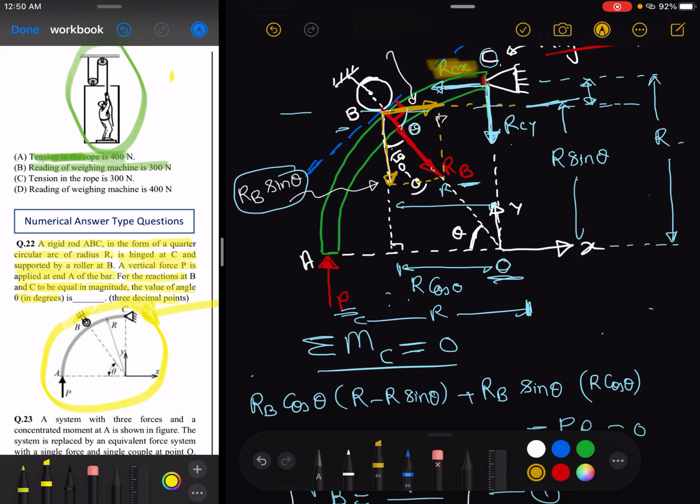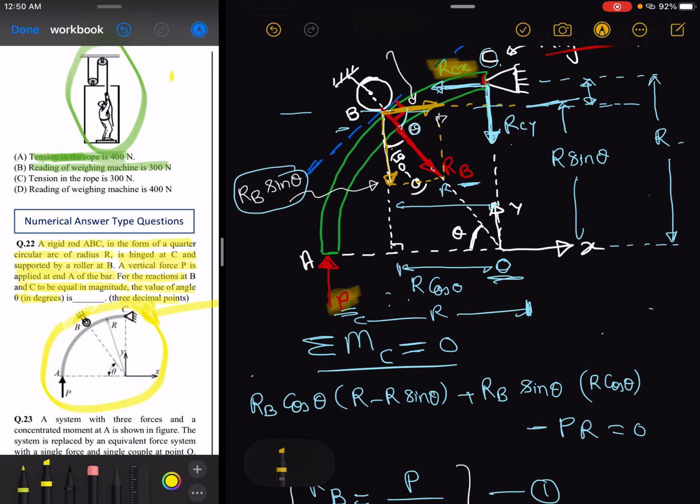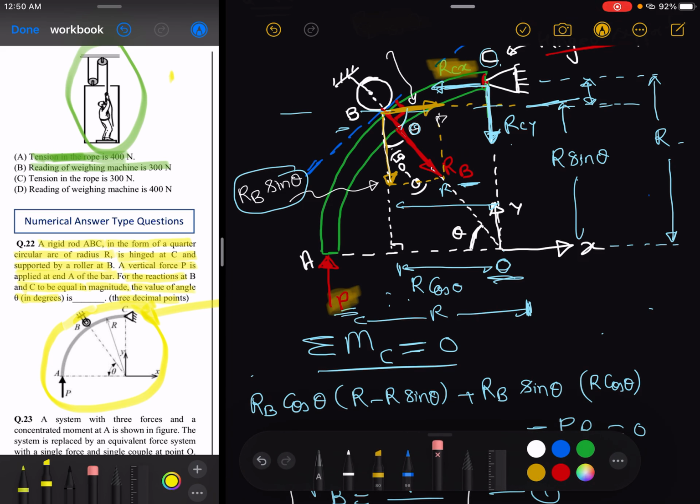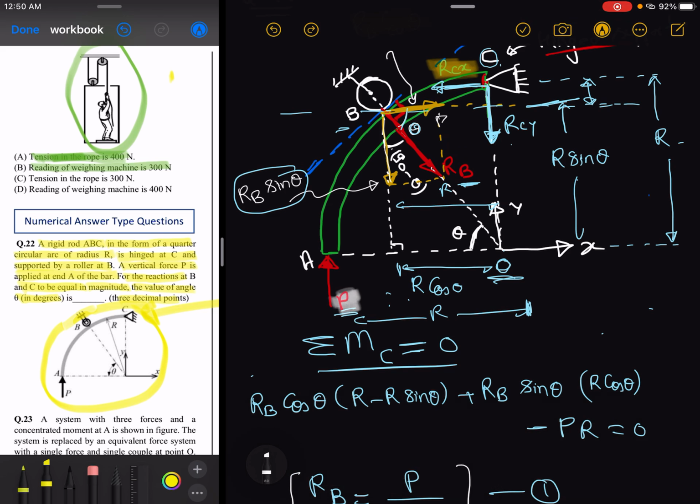I am marking this with a different color. We are getting the force P along the y direction, this RB sin theta along the y direction, and this RCY along the y direction. So these are the three forces along the y direction, and their net resultant will be 0.